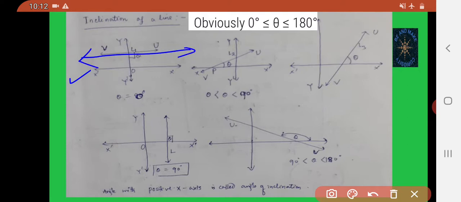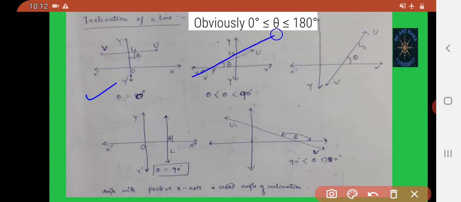The angle between the positive x-axis and this line is what? As they are parallel, the angle between the positive x-axis and this line is 0 degrees. So here the angle of inclination is 0 degrees.